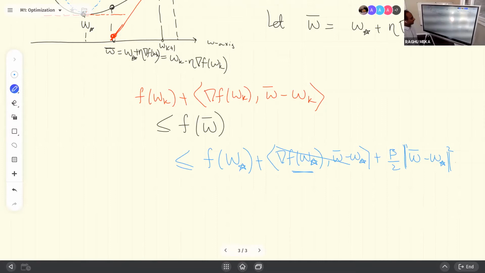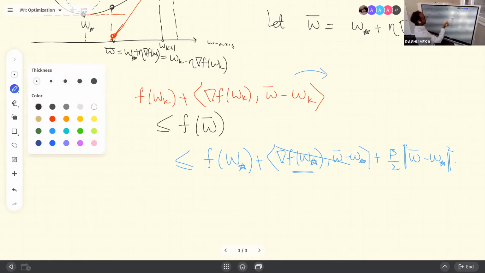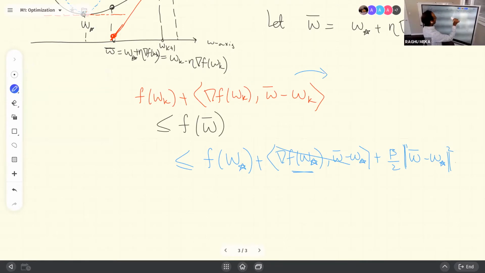Okay, and what is w bar minus wk? I can just plug in the value and I'll get eta times gradient of wk plus w star minus wk.